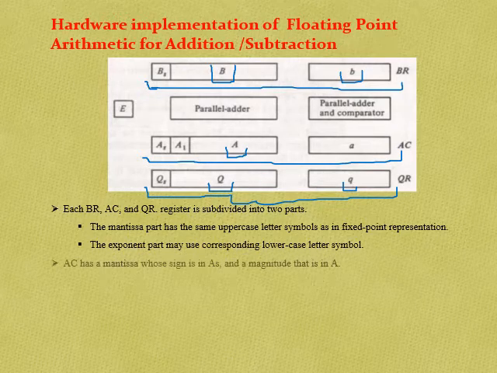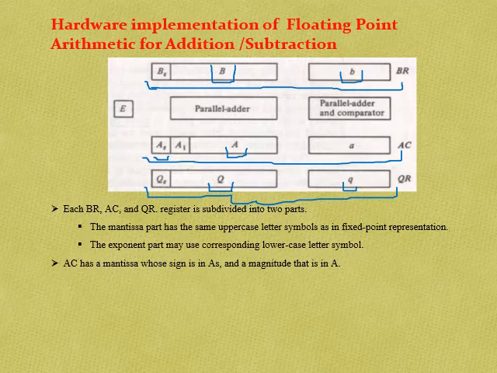The AC register has the mantissa sign bit as AS, that is this one. This bit is the sign bit of the mantissa A, and the rest of this, including this A and A1, is the magnitude part.